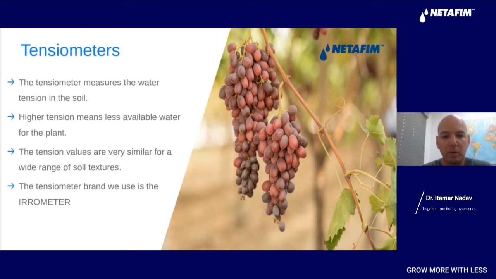And you don't need to know the exact value of water content for each one of the soils. So it's very easy to interpret the values of the tensiometers.